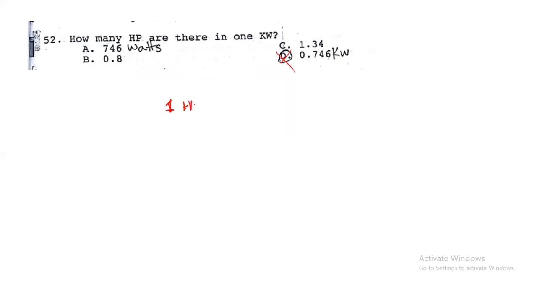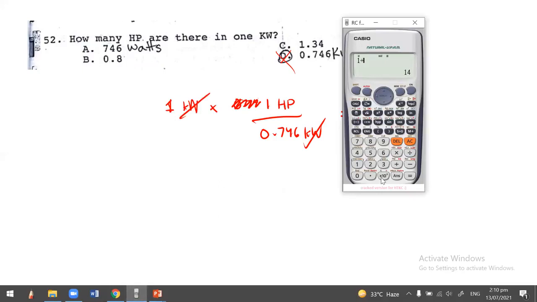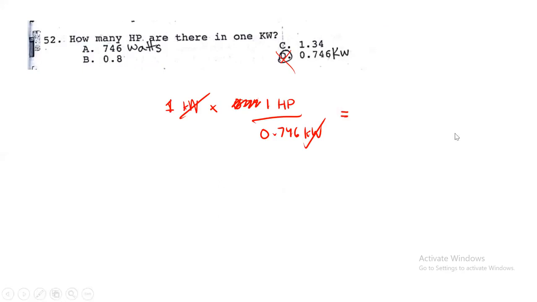Dapat i-solve mo: 1 kilowatt times, ilan ba? 1 HP per 0.746 kilowatts. So 1 divided by 0.746, it's 1.34. So 1.34 ang sagot. So ang sagot pala dito is letter C.